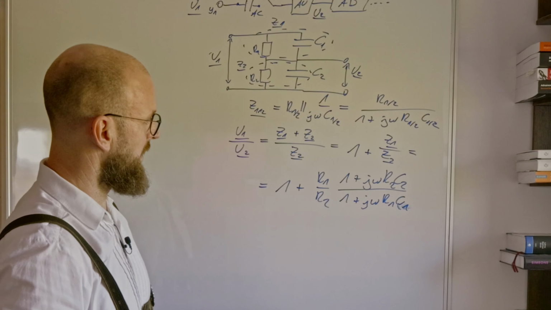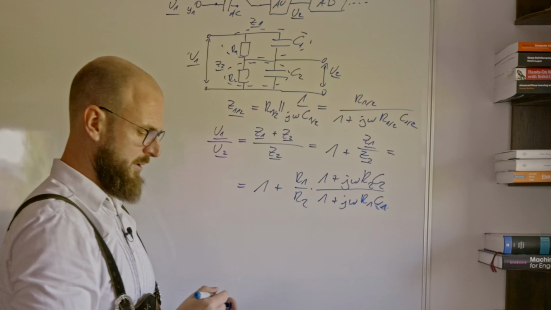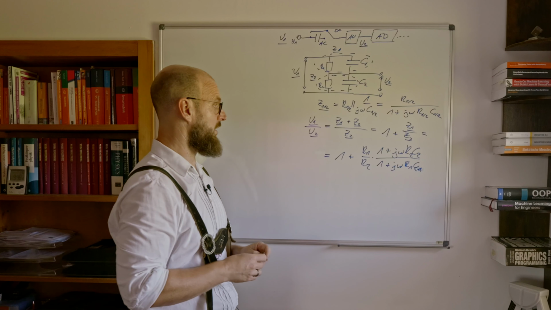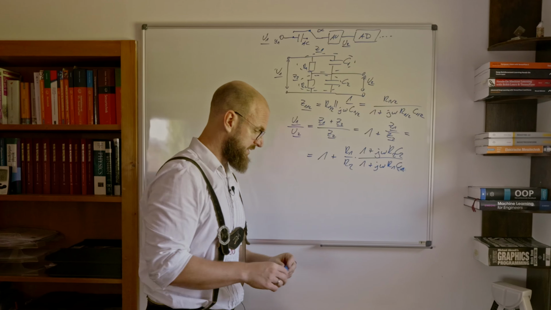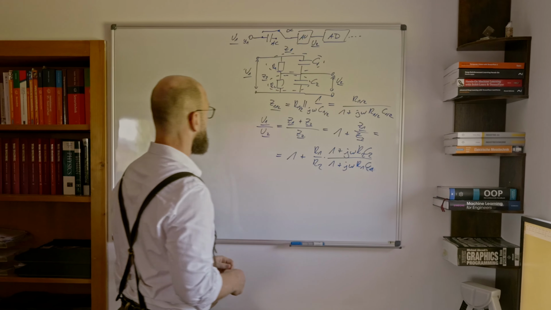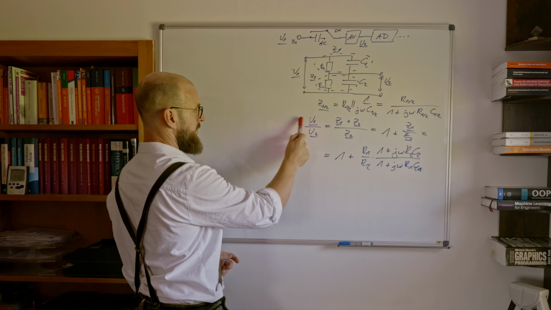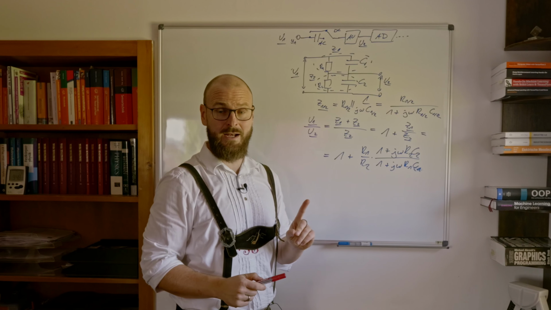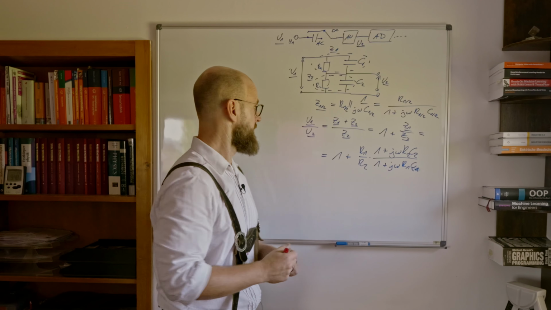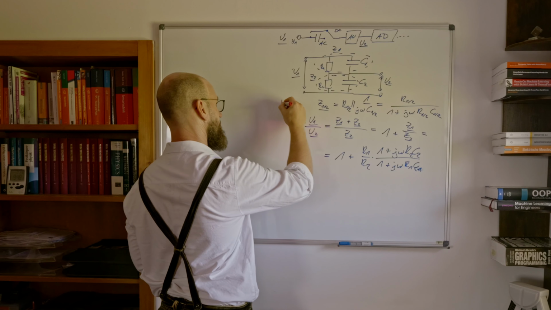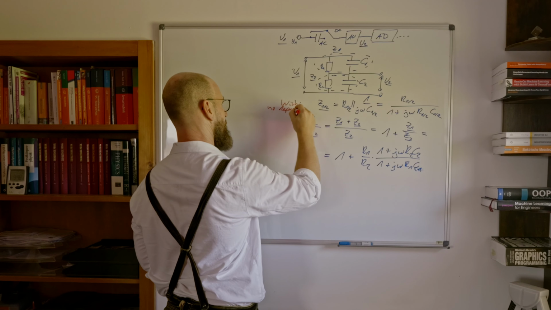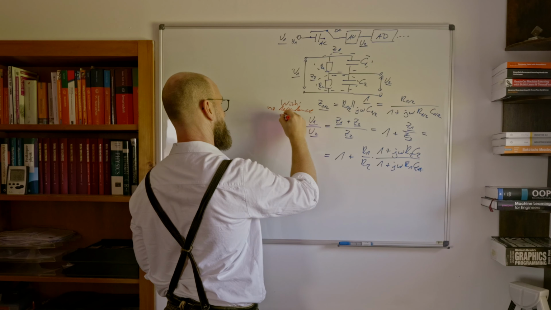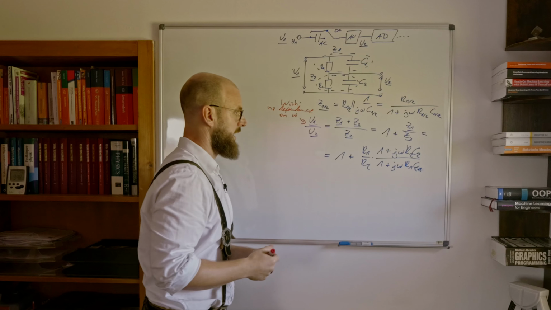Okay, looks harmful somehow, is not harmful at all. What do we want? That's the first question to ask. We want a ratio with no dependence on the frequency, omega.